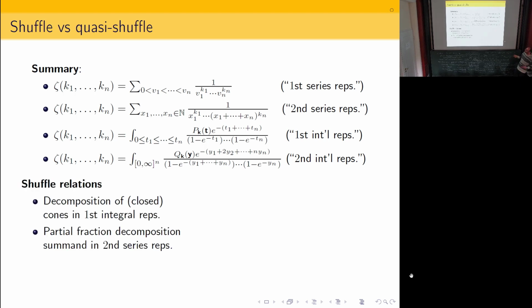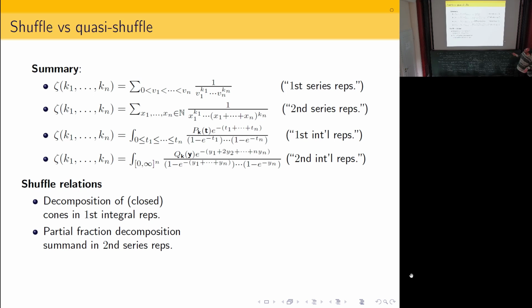And then how to think of shuffle relations now with this picture. Shuffle relations can be seen as the composition of closed cones in the first integral representation. Well, not quite, we have just seen a very trivial example, but in general you can generalize that example and claim something like that. And this is equivalent to doing partial fraction decomposition on the summand in the second representation.